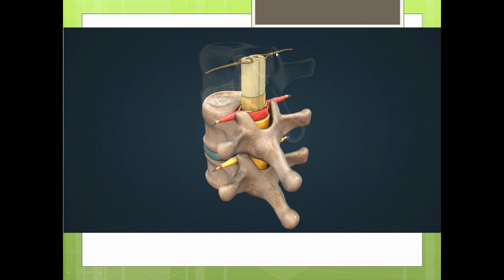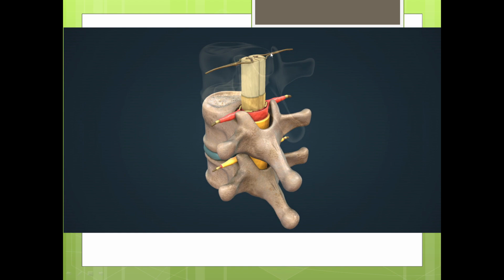Each spinal nerve is connected to the spinal cord by two roots. Here one root and here another one.